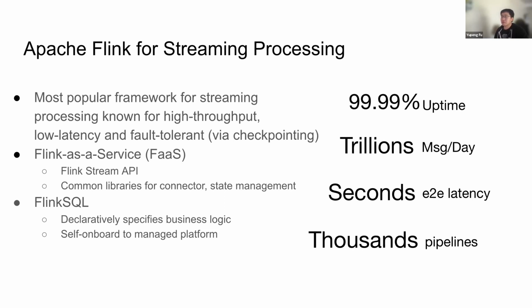There are two modes provided by the Uber teams for Flink jobs. One is called Flink as a service, which provides an API, so people can use this API to compose Flink jobs. The other is called Flink SQL, where people write a SQL query to describe the business logic in a declarative way, and the team provides a self-managed platform for this.